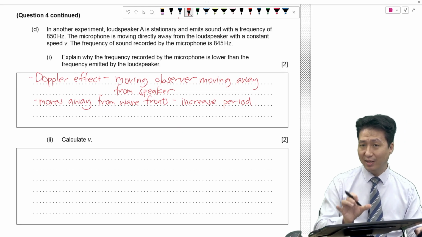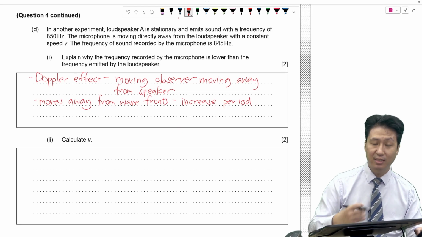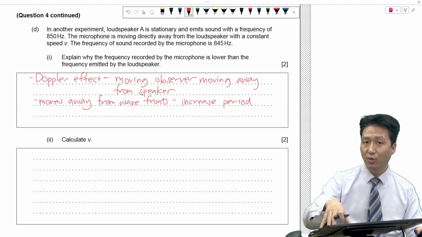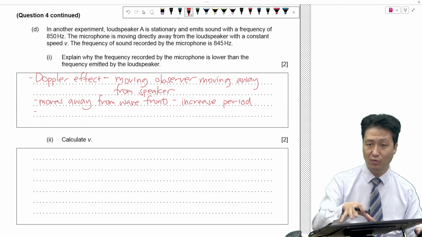The actual wavelength of the waves is unchanged because it's not the source that is moving. The difference is that the observer is moving away. It takes longer for the wavefronts to reach.